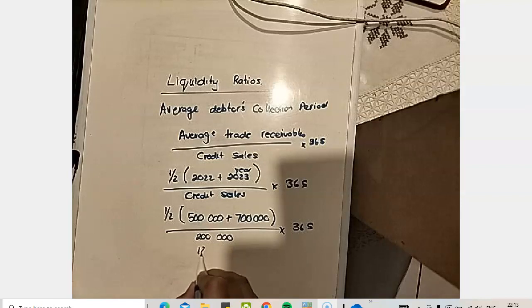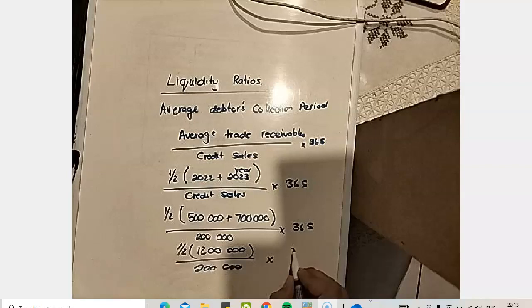That gives us 1,200. So it's 1.2 million times a half over 200,000 times 365. So if we do the calculations, we've got 1.2 million times 0.5 divided by 200,000. You get 3 times the 365 over 1.